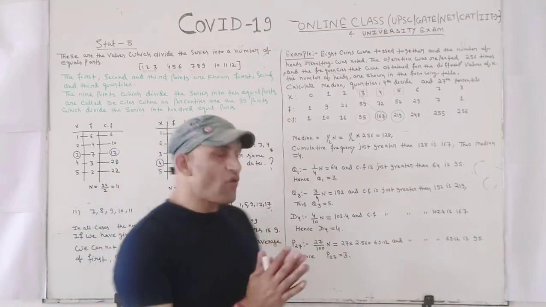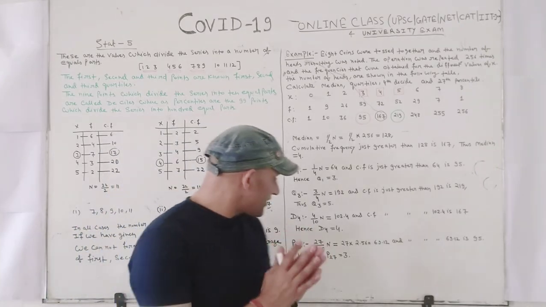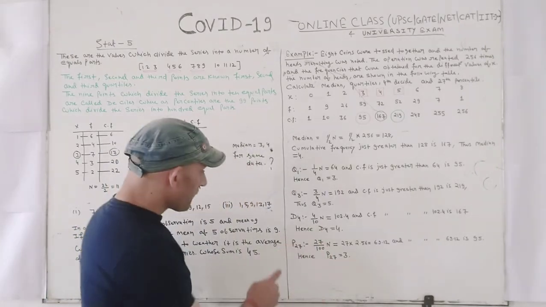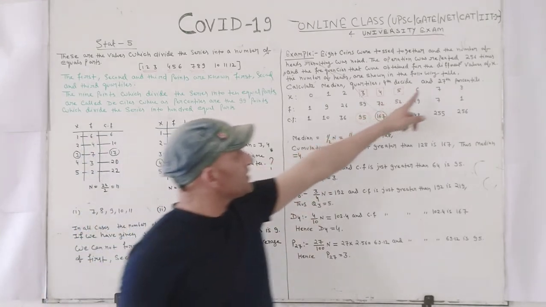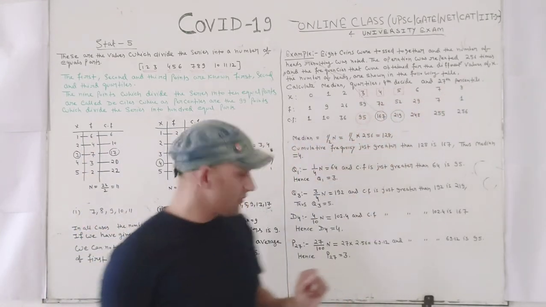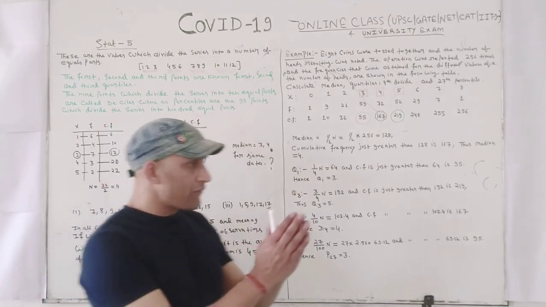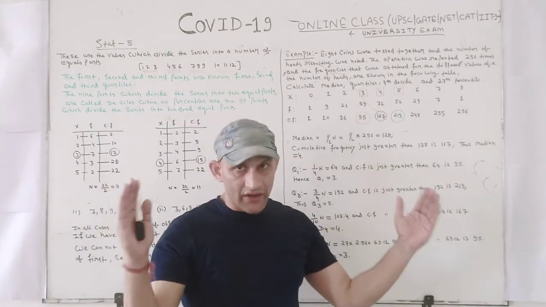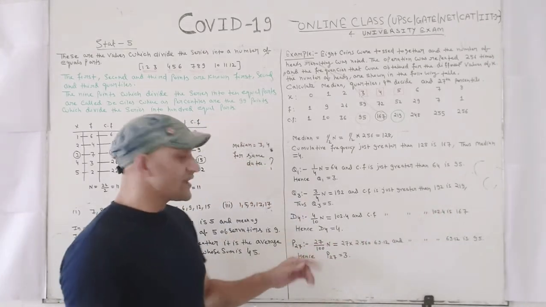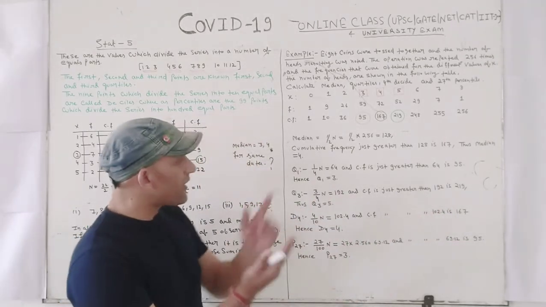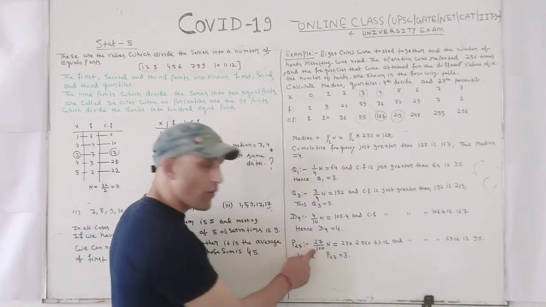Now, if you want to find the percentile, he is asking for the 27th percentile. For the percentile, the total data is divided into 100 parts, but he is asking for the 27th part, so 27 upon 100.